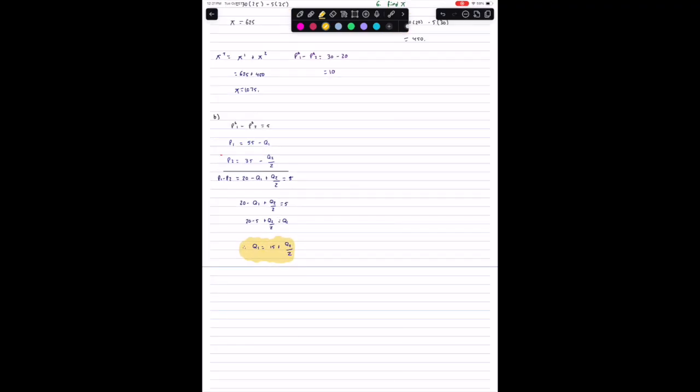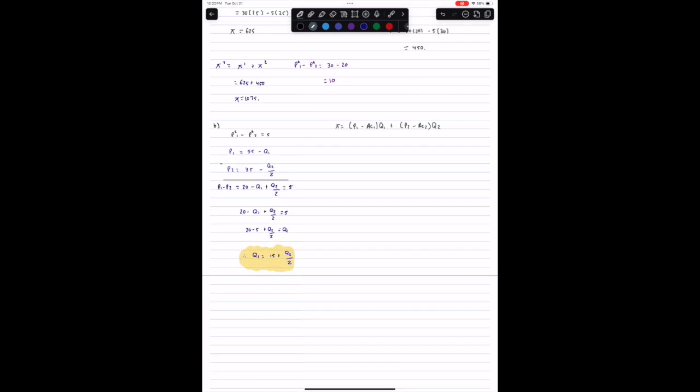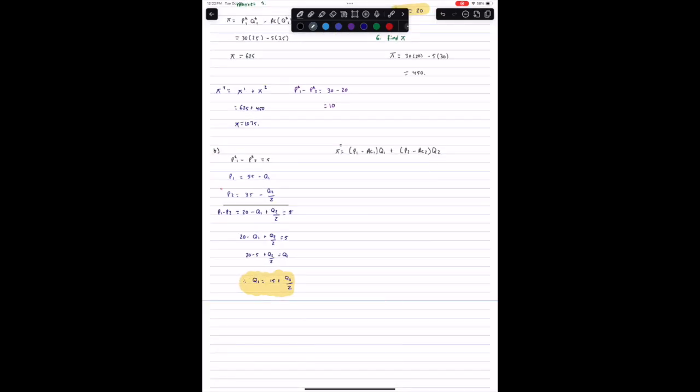Perfect. Now, we know that profit is going to be equal to the price of 1 minus the average cost of 1 times however many units of the first quantity we sell, plus the price of 2 minus the average cost of 2 times however many units we sell in the second market, right? This is profit total.